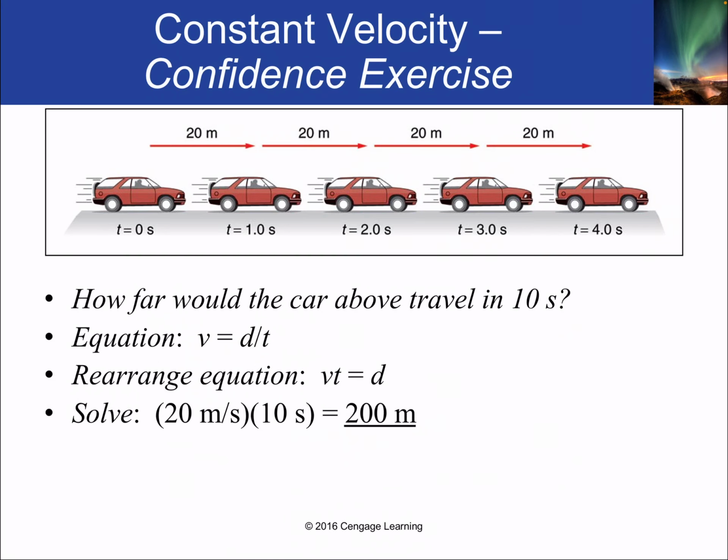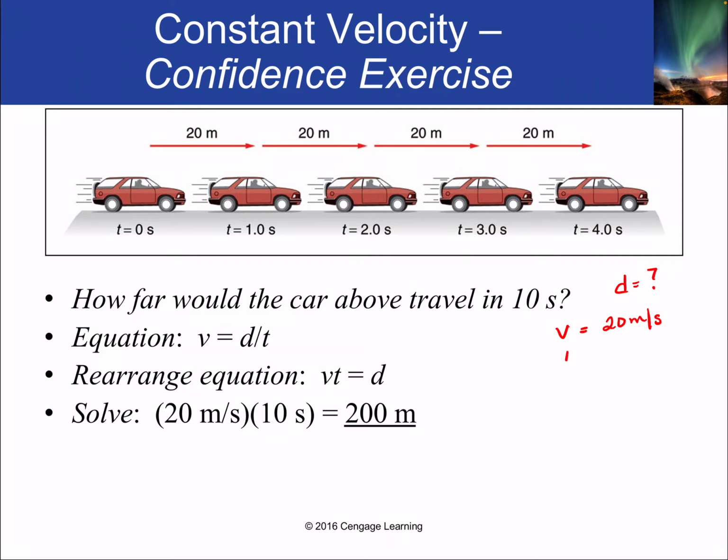This next example, you're asked how far would the car travel in 10 seconds. So here, we're looking at how far. So basically, you're looking for distance because you're asked for how far. Now, from the previous example, we know that our velocity, our speed, was 20 meters per second.